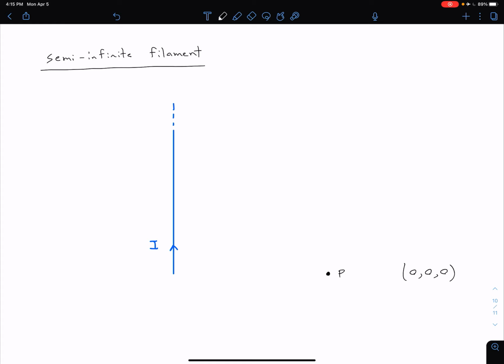Again, we're assuming this is going along the z-axis such that we can say the endpoint is still at 0, 0, infinity, like we saw with our infinite line. It's very important when we're considering this semi-infinite filament that our point P is quote-unquote lined up with the bottom or the starting point of our filament. And so what this means is that our perpendicular distance is actually just the distance from our point P to the bottom of that filament, as we see here.